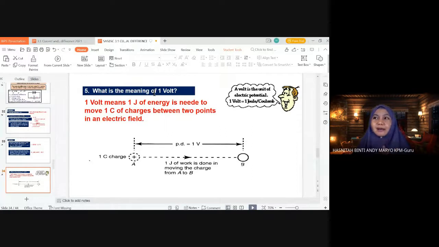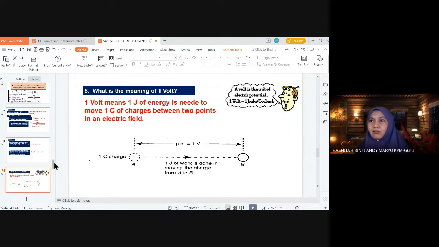So 240 volts means 240 joule of energy is required to move 1 coulomb of charge between 2 points in an electric field. As shown in this example, we have point A and point B. So 1 volt means 1 joule of work done moving charge from A to B.